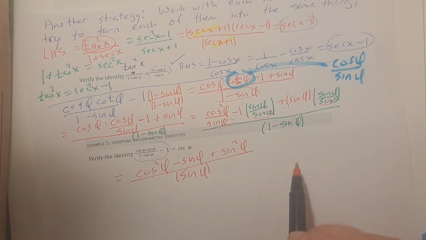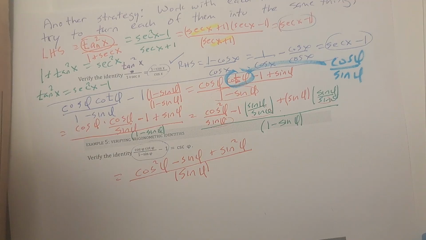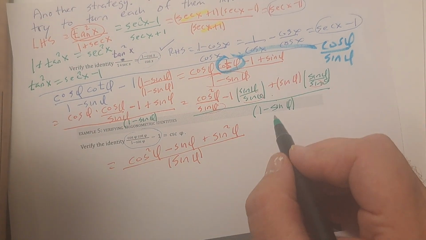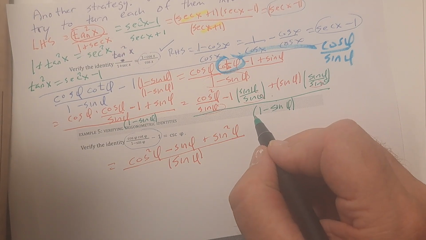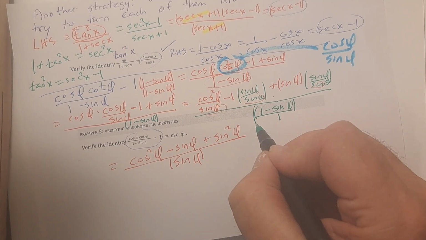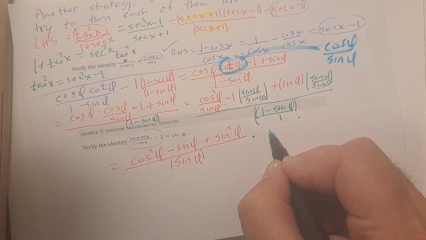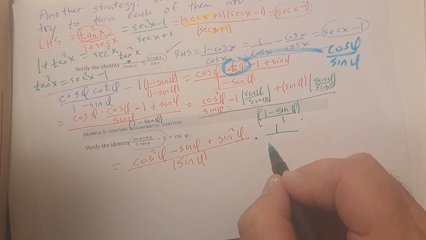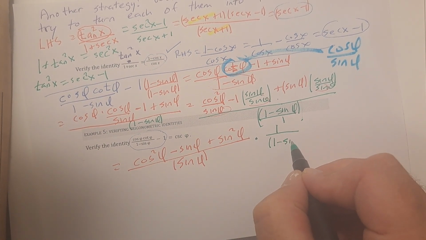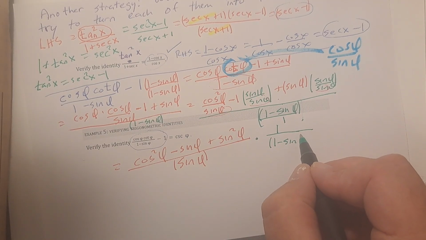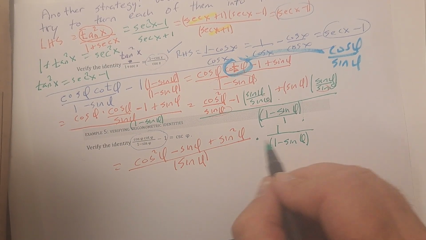And then this guy, because it's just a function, I'll think of it as a fraction by thinking of it as something divided by 1. So then I can flip it and multiply it and not have a function dividing into a fraction, but just have a fraction.